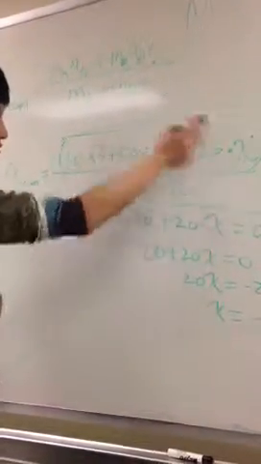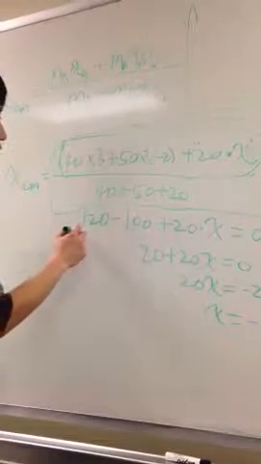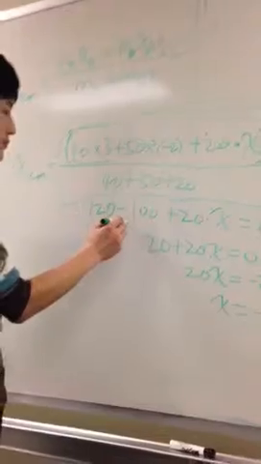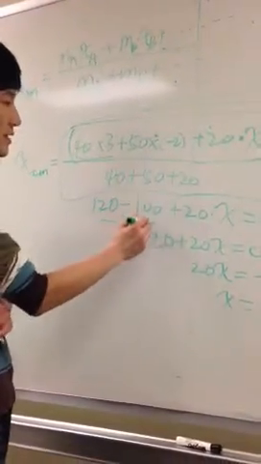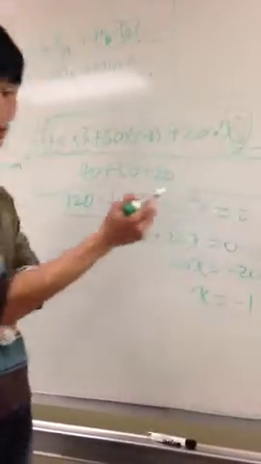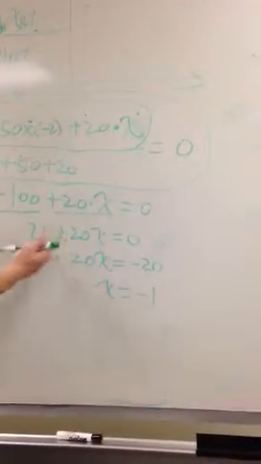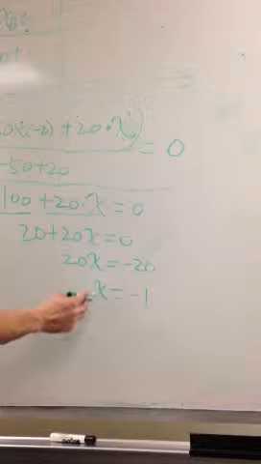So we know the denominator here is not 0, so the numerator needs to be 0. And then that is 120 minus 100 plus 20x, that is 0. And then 20 plus 20x is 0. We just move it over, x is negative 1.